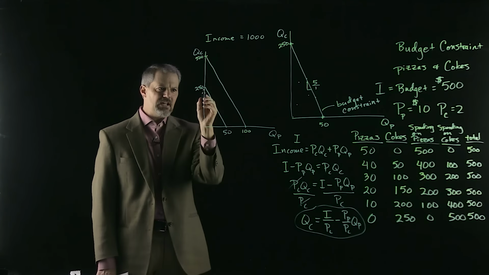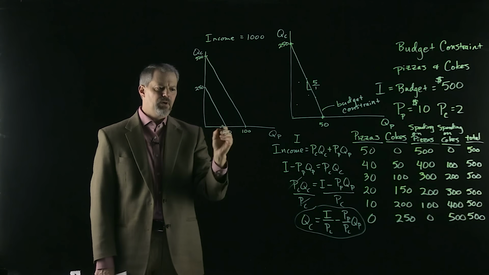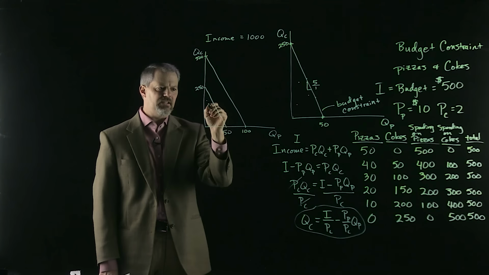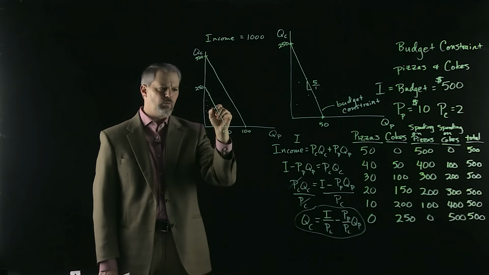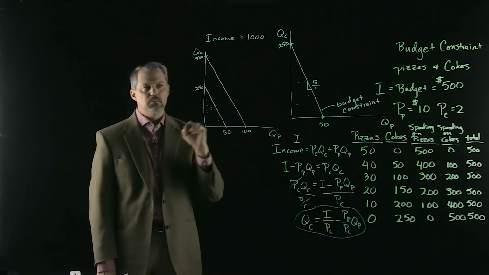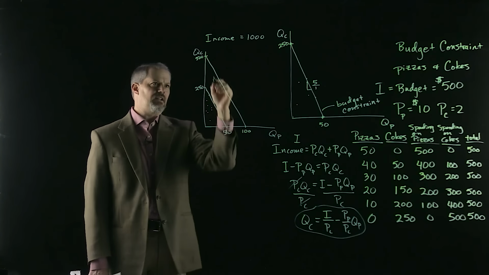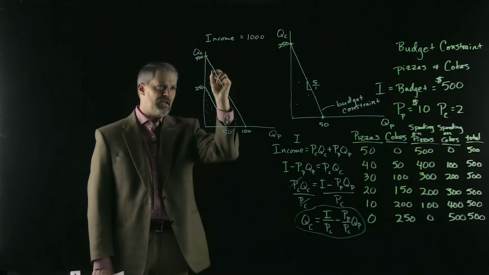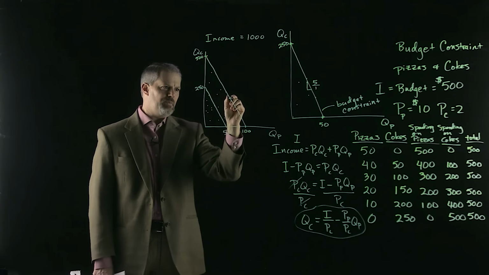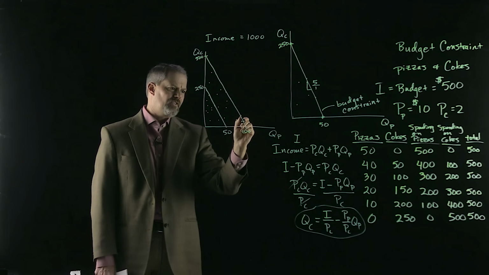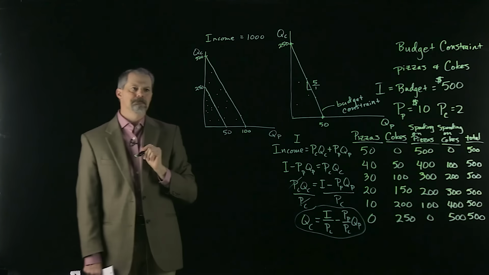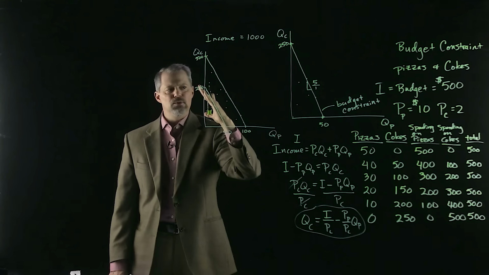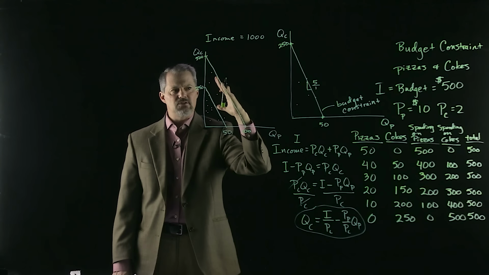With only $500, this is the set of bundles or combinations of pizza and Coke that we could consume. Anything in this set or on this, and we're going to want to be on that budget constraint. But now with $1,000, we can consume any of these bundles, but again, we're going to want to be on that budget constraint. So we're going to be wanting to choose a bundle somewhere on there. Okay? So if we increase income, it moves that budget constraint out parallel to itself.